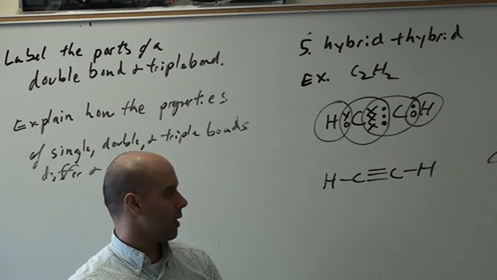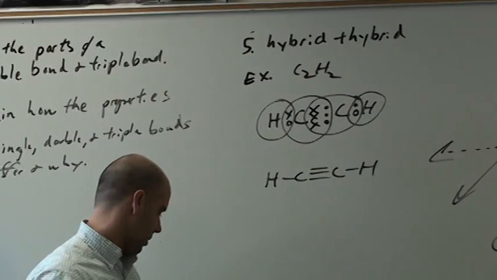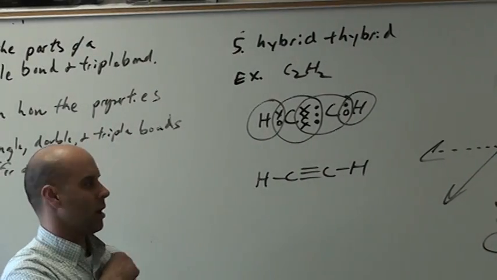So the first thing is the bond between the 2 sp orbitals. sps are kidney beans.